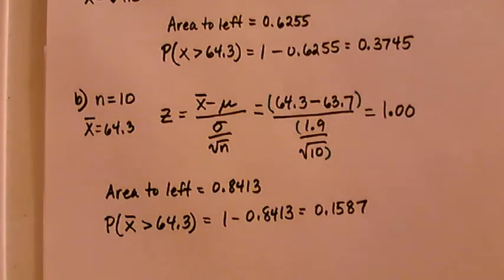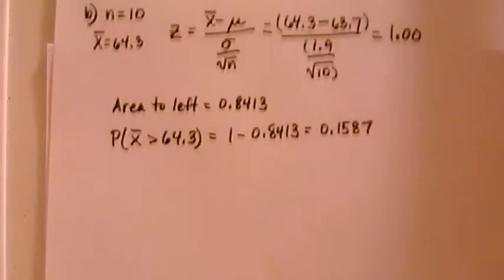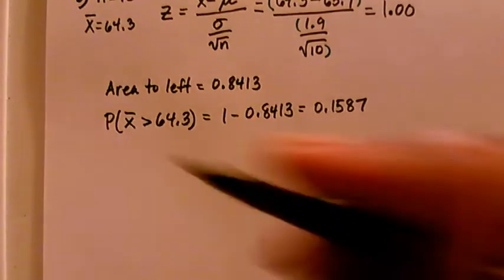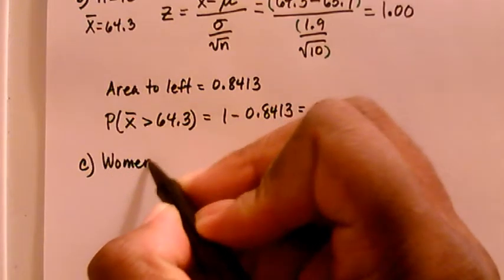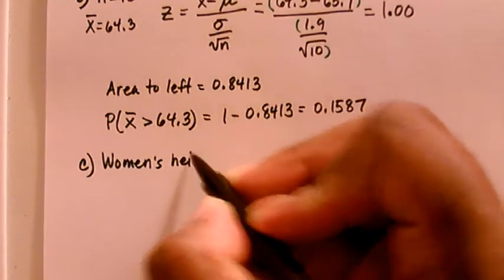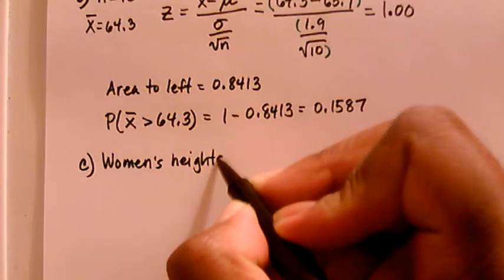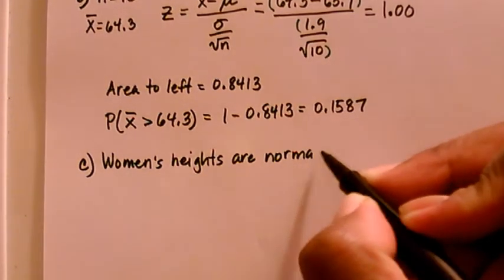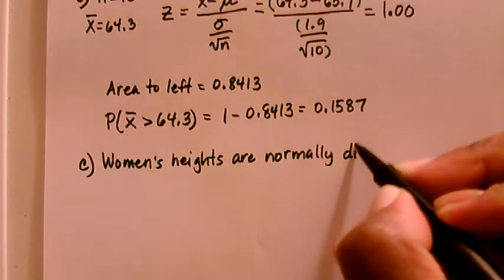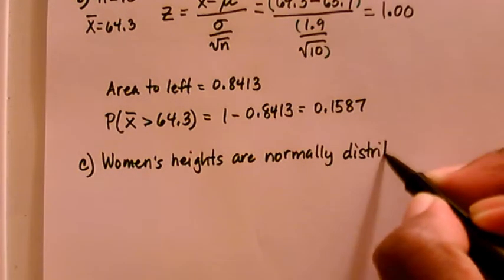Okay, so in part C, we can just say that women's heights are normally distributed.